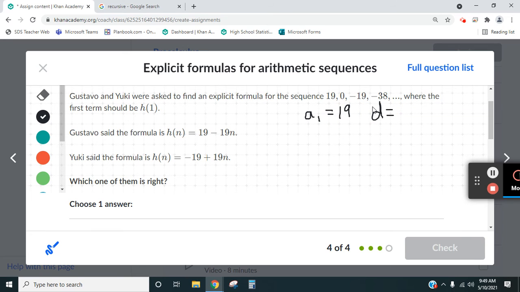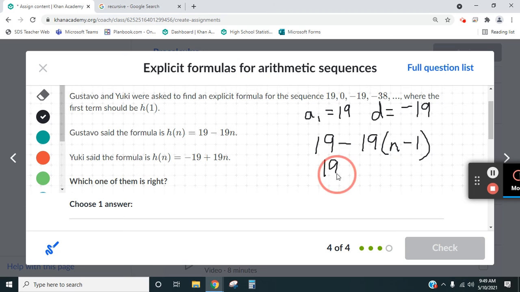What's happening? Good, minus 19, so this is kind of confusing. But the formula that we would write would look like this. That's what we would write. Now, I don't see that up there, but it doesn't mean they're both wrong. What can we do with the minus 19?